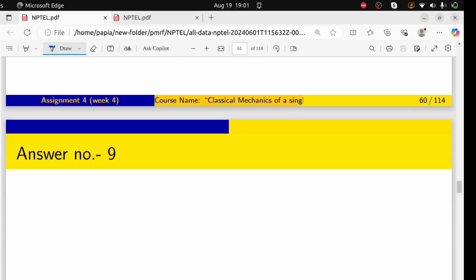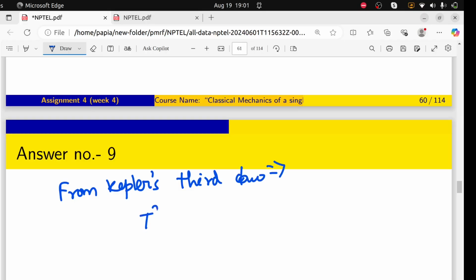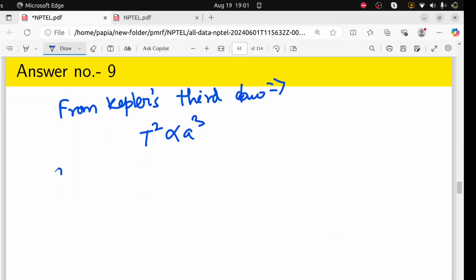In that lecture, I was talking that from Kepler's third law, we will have T square proportional to A cube. And remember here, A is the semi-major axis.